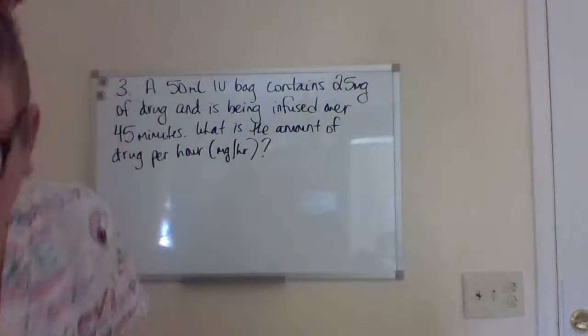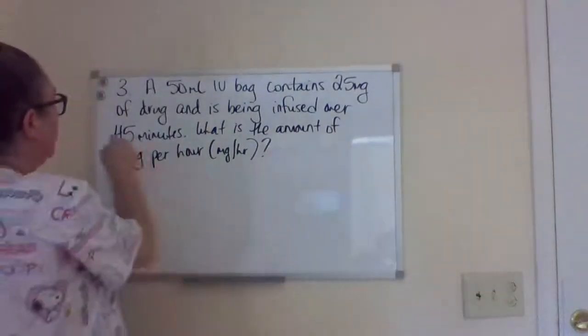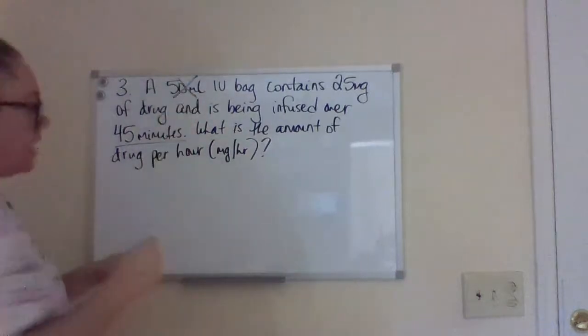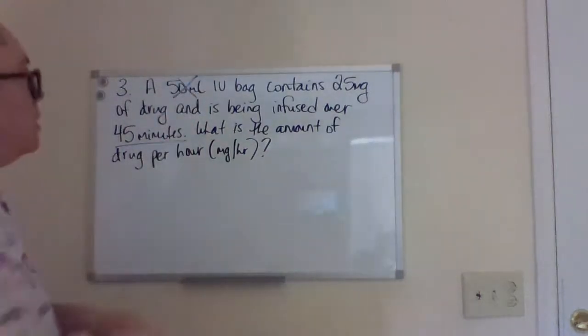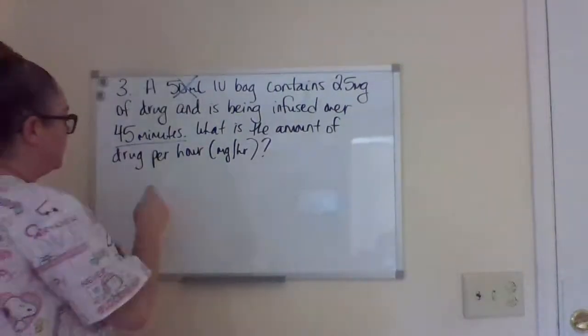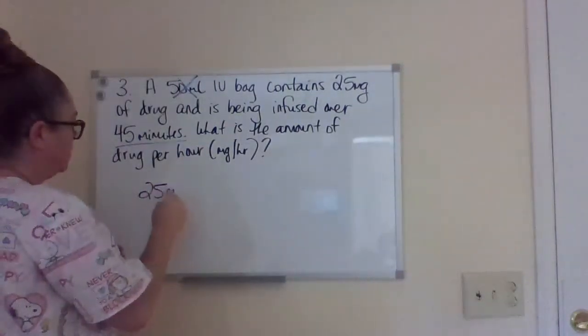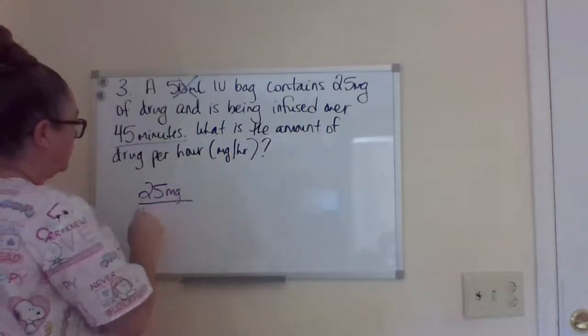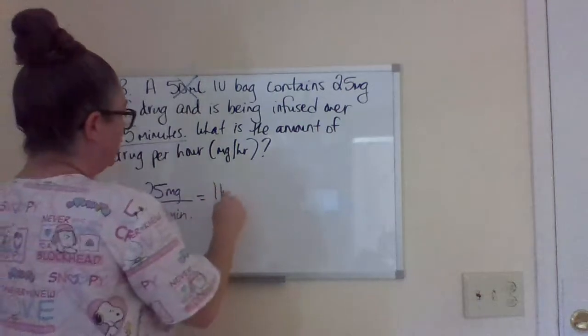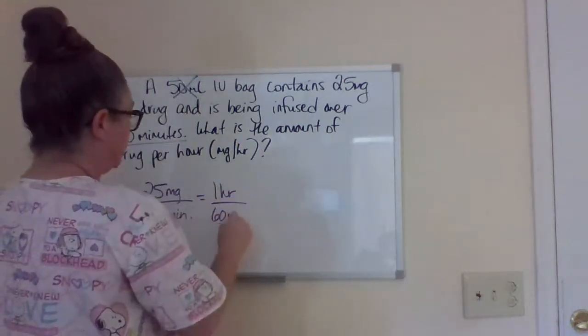So this one's a little bit different. Okay, look at our time, right? So 45 minutes. Doesn't matter the size. So we have 25 milligrams of drug over 45 minutes equals 1 hour over 60 minutes.